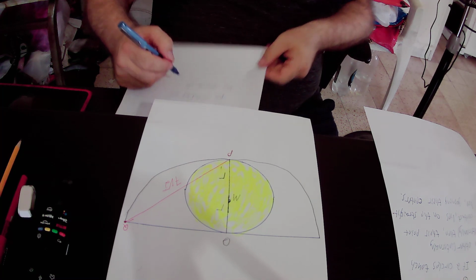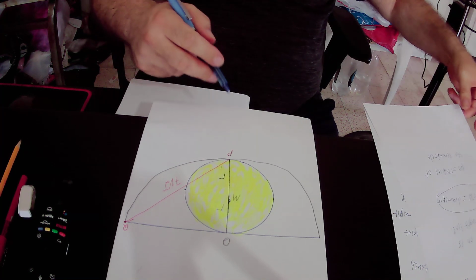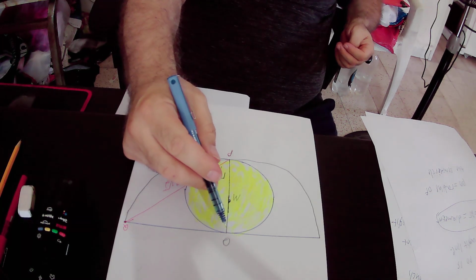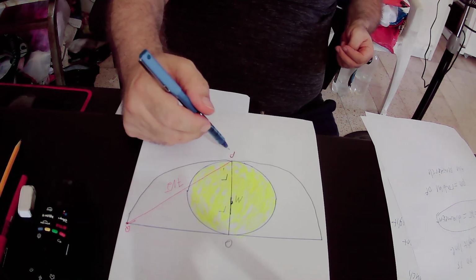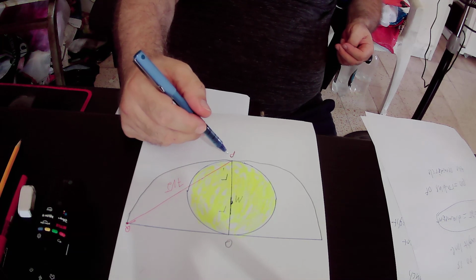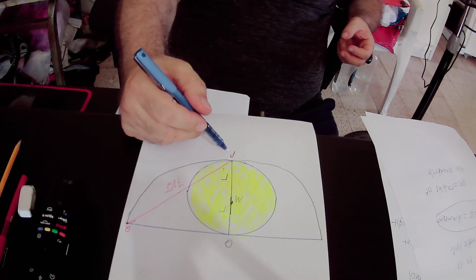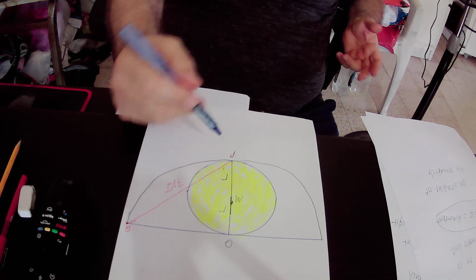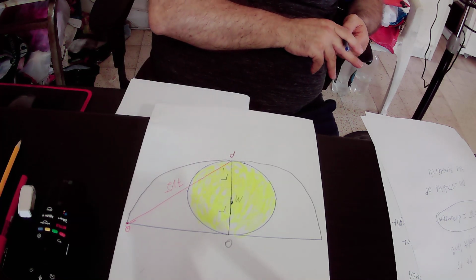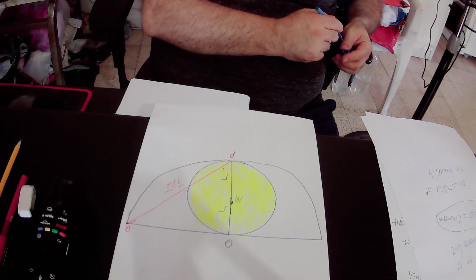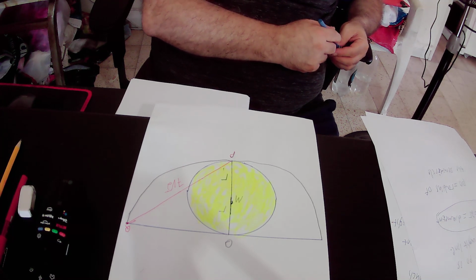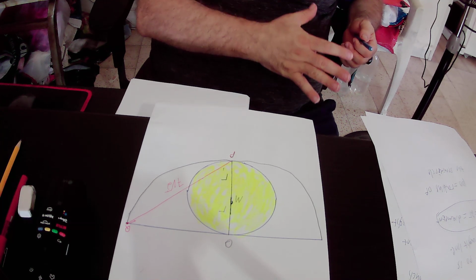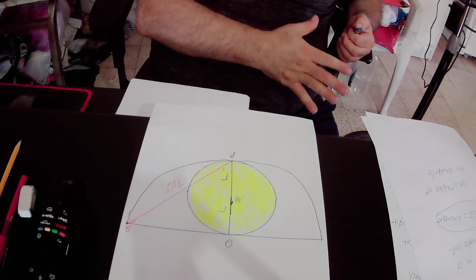Why? Because PO starts from the center of the semicircle and ends at point P, that is a point on the semicircle itself, and that is exactly the definition of a radius. Any line segment that starts from the center of any circle and ends at a point on the circle is defined as the radius of that circle.